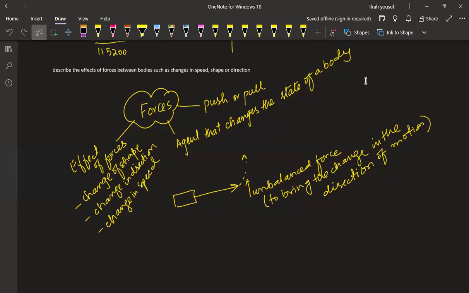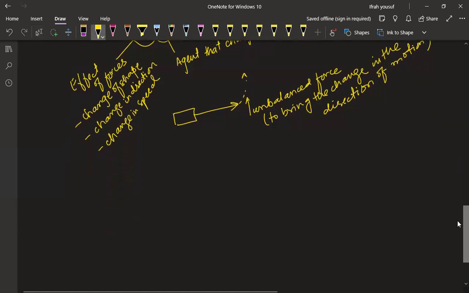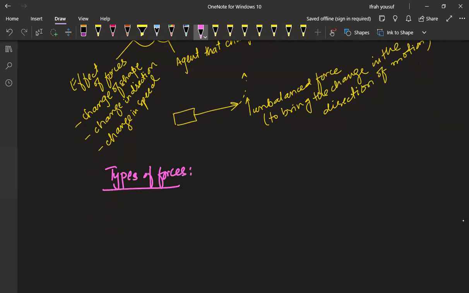So when we talk about the different types of forces, they could be contact force and non-contact force.